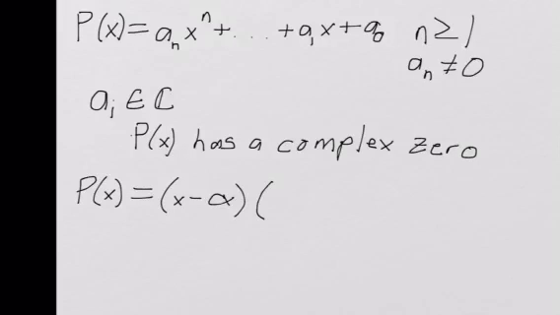And then we have some polynomial. It's going to be 1 degree lower, so we're going to have b_(n-1) x to the n minus 1, and so on, b_1 x plus b_0.